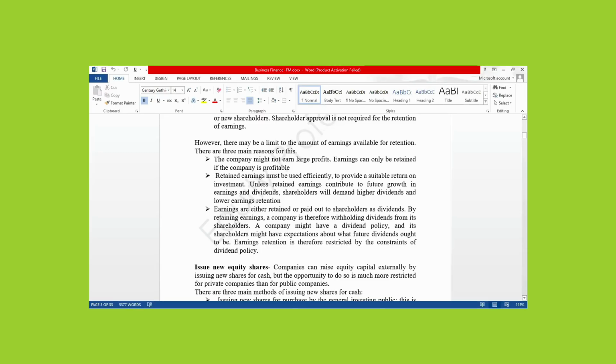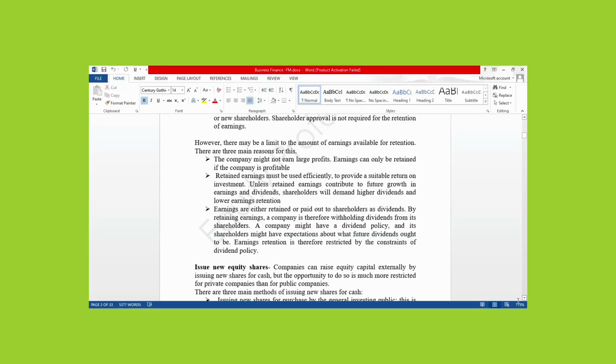There are different methods by which a company can issue new shares so as to raise additional cash.